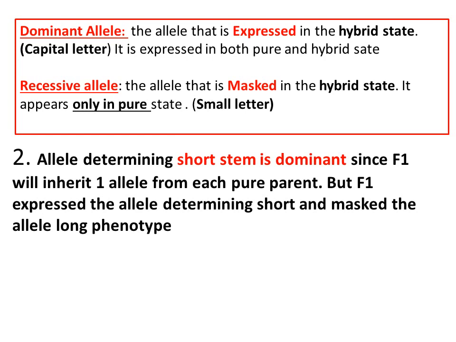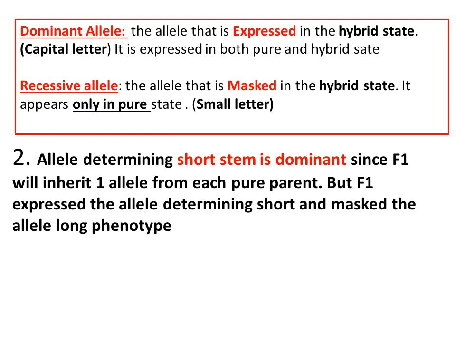So the answer would be short is dominant, because the F1 will inherit one allele from each of the pure parents. They expressed only the short and they masked the long. So it's simple. Remember that the children will inherit one allele from each parent, and in this case, because the parents are pure, they inherited short from one and long from the other.